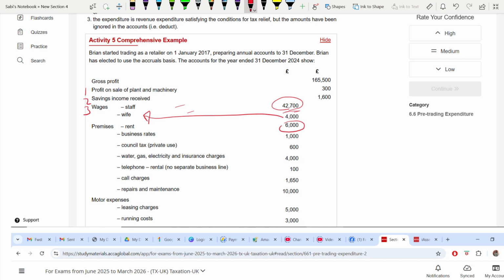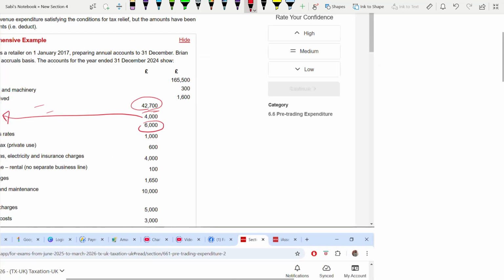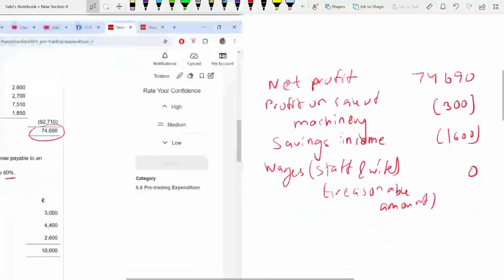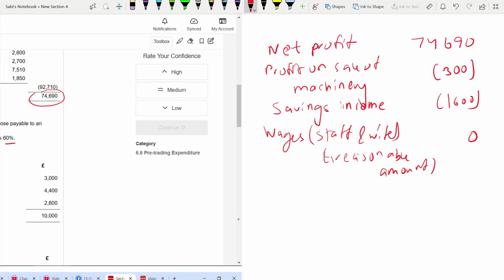Remember, the private element is the one requiring adjustment. That part will be disallowed. So it was deducted before. Now you have to add it back. Expenses add, income deduct. So 60% of 6,000 you will now add back for rent. So 60% into 6,000.